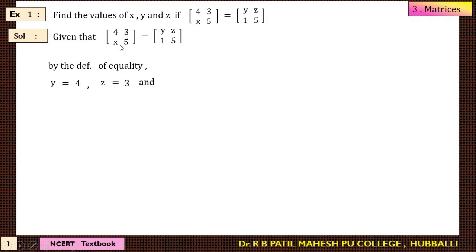So we equate x to this value, that means we write x equal to 1. Here you can see that very easily we got the value of x, the value of y, and the value of z. This is the method of equating the elements when equality of two matrices is given. Go for the next example.